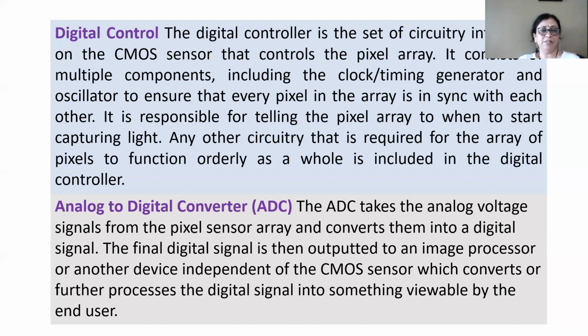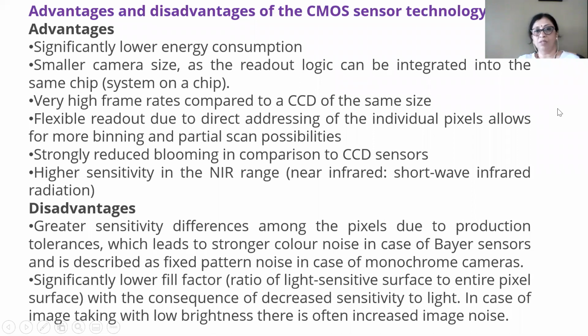This image processor is another device, independent of the CMOS sensor, and it processes the digital signal into something viewable by the end user. So the image is made viewable with the help of the image processor. This is the intelligence which is added to the image sensor. So this is all about the working of the CMOS sensor.